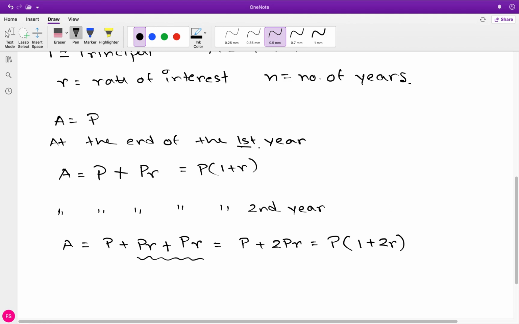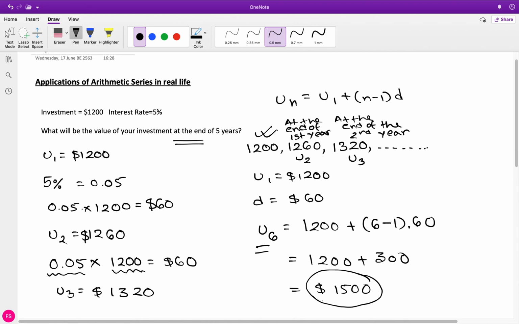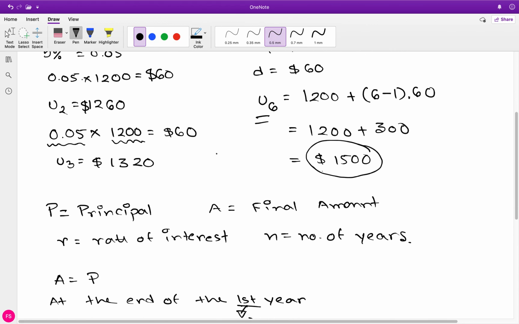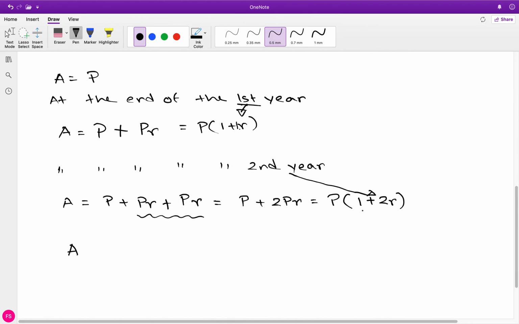So at the end of the first year, it's just this. At the end of the second year, it's just this. Same thing, the only thing that is changing is this number. At the end of the first year, it's 1. For the second year, it's 2. That means if you look at this question, at the end of 5 years, I'm going to use the same formula, but I'm just going to change this number.